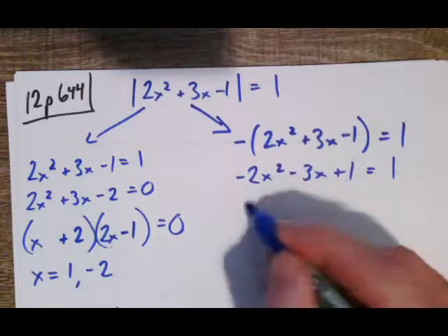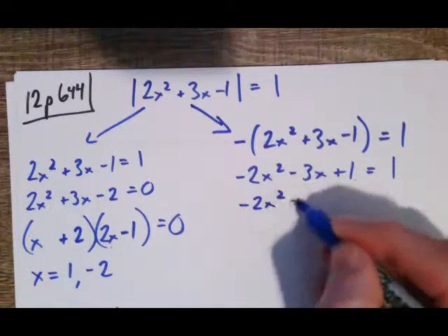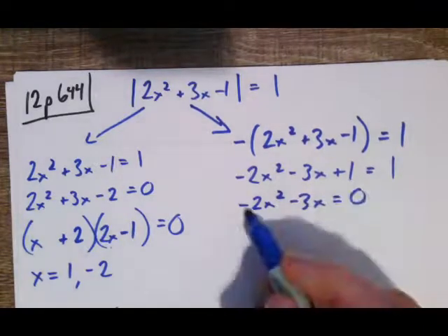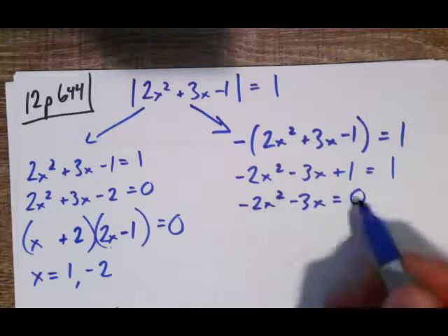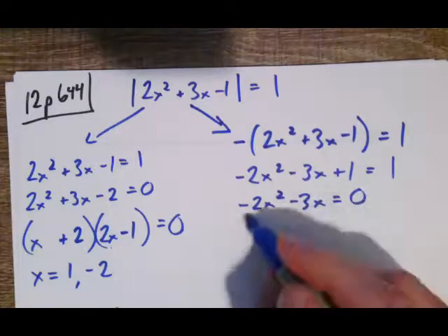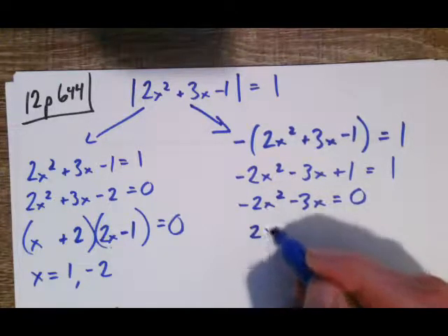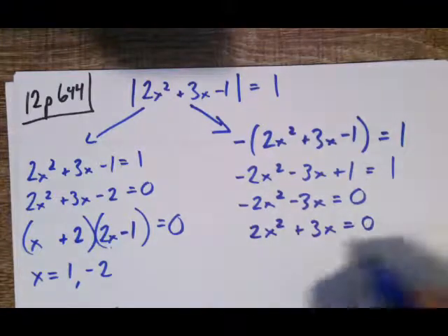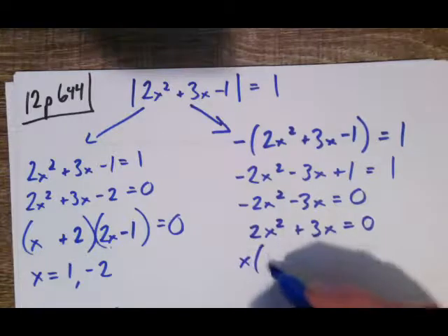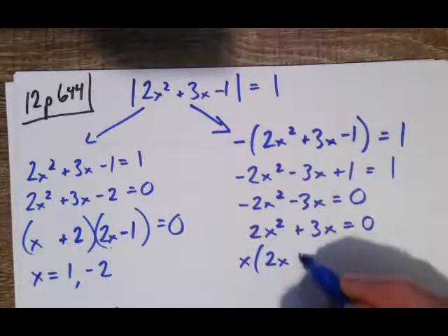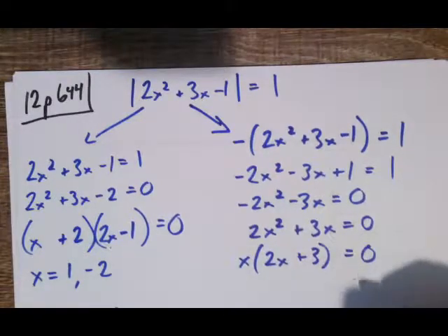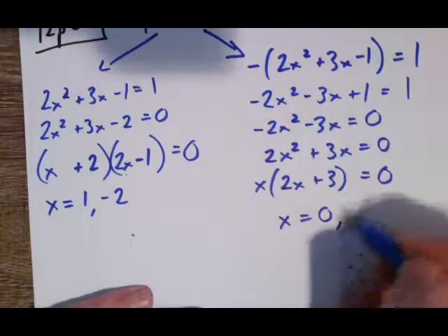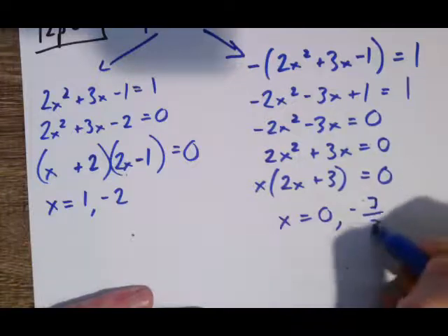These ones will cancel, so it'll be negative 2x squared minus 3x equals 0. If I multiply both sides by negative 1, so I can make this positive, because I don't want that, 2x squared plus 3x equals 0. Factor an x out. I've got x times 2x plus 3 equals 0. X equals 0 or negative 3 over 2.